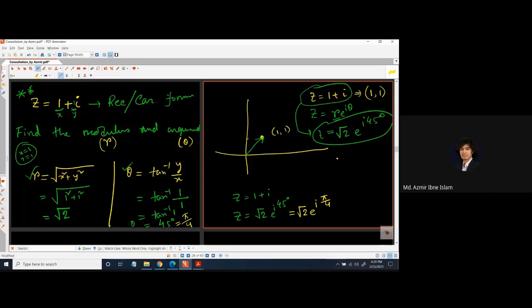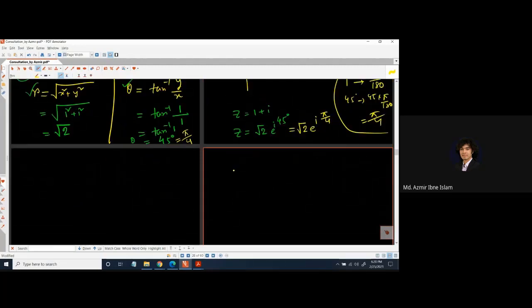How can we do the conversion? 1 degree is pi over 180 radian, that means 45 degree is 45 times pi over 180, so it is obviously pi over 4. This is the formula for conversion from degree to radian. So z equal to 1 plus i and z equal to root over 2 e to the power i pi over 4.